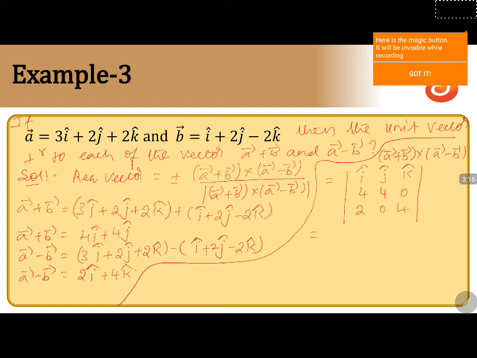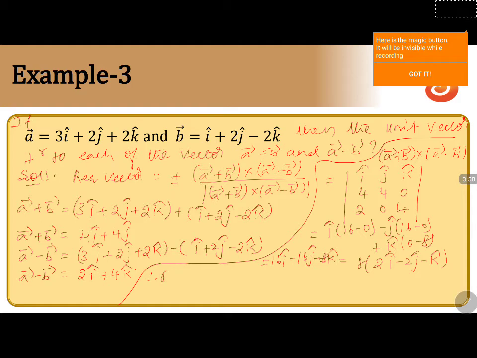We get i cap into 16 minus 0, minus j cap into 16 minus 0, plus k cap into 0 minus 8. So we get 16 i cap minus 16 j cap minus 8 k cap. We will take 8 as common. We get 8 times 2 i cap minus 2 j cap minus k cap.